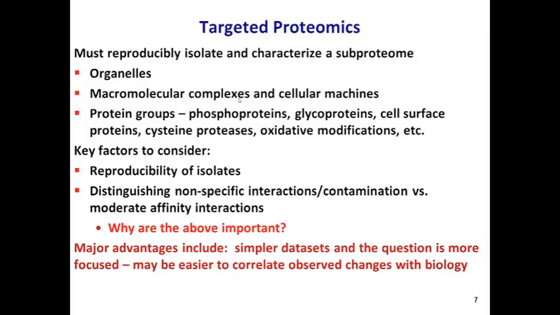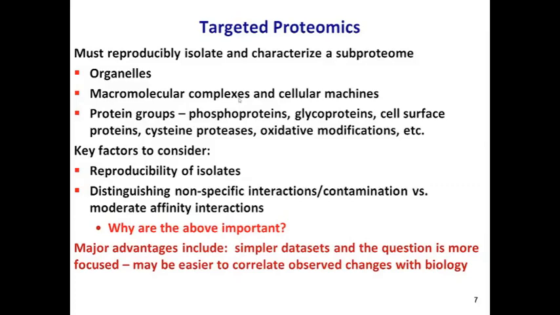We also can define and isolate specific protein groups. Classical examples are phosphoproteomes, glycoproteomes, the cell surface proteome, as well as functional classes of proteins such as cysteine-containing proteases that have cysteine at the active site.